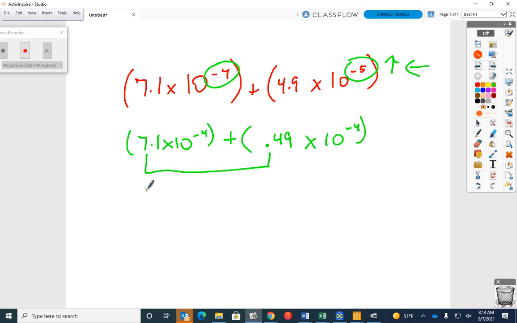If you add 7.1 plus 0.49, what do you get? 7.59. Times 10 to the negative 4th. Because I have the same exponent, I just keep it. That's my final answer. Does that make sense?